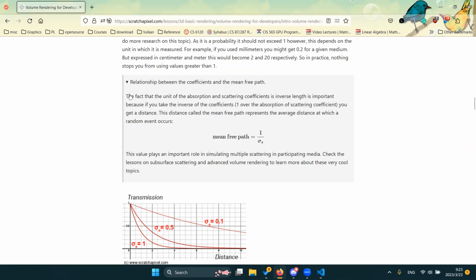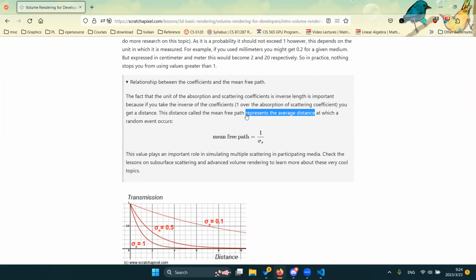Mean free path. So the inverse of the coefficient gives you a distance. This distance is called the mean free path, and represents the average distance at which a random event occurs. Interesting. That makes sense.